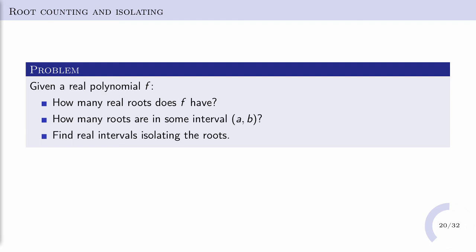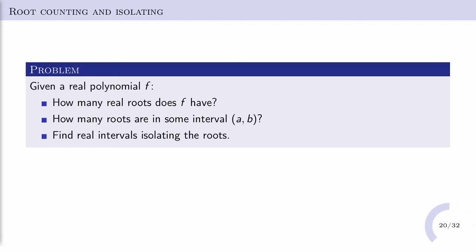Of course, these two questions are equivalent, because if we can count the number of roots in a given interval, we can always recursively subdivide this interval into halves and count the roots in each of the two halves. Actually, this is exactly what we will do at the end of this lecture.